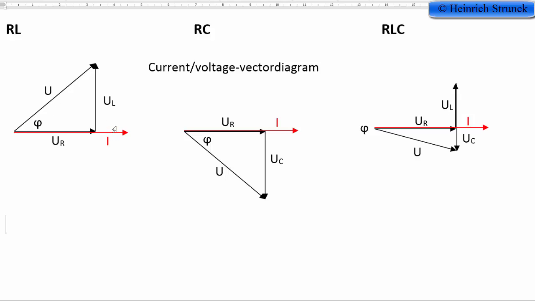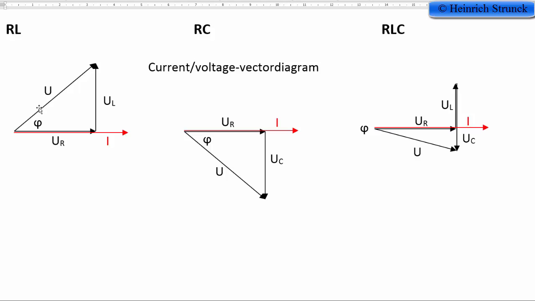And for the serial connection, we know that we only have one current, so normally that is the reference. The voltage drop across the resistor is the resistance multiplied by the current. The voltage drop across the inductor is the reactance of the inductor multiplied by the current.